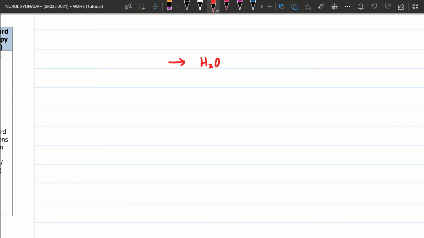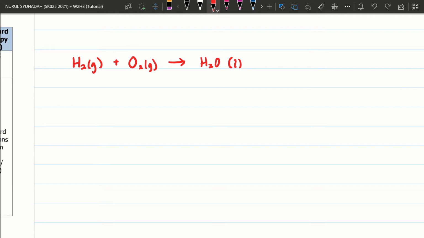H2O is formed from its elements, which are hydrogen and oxygen. At standard condition, hydrogen exists as H2 gas. This is the most stable state of hydrogen, and for oxygen it is O2 gas. Let's say H2O here, you have it as liquid.